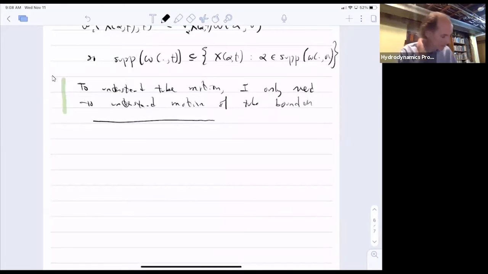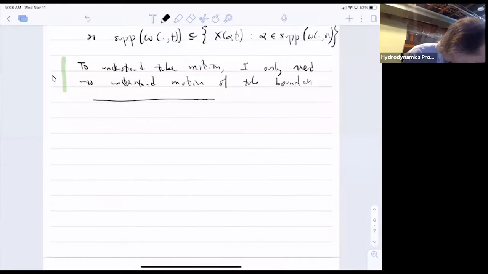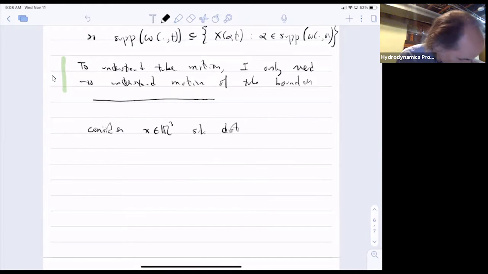So let's consider a point x such that the distance of x to the curve gamma is epsilon, which we think of as being much less than 1.